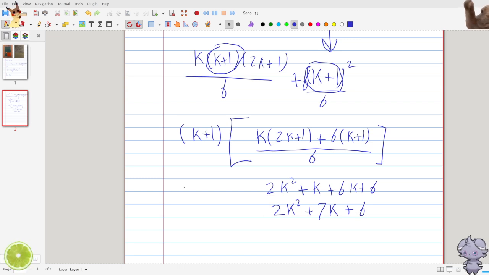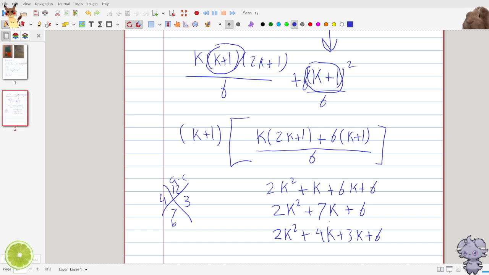So we will do this. A multiplied by c is 12 and b is 7. So we need two numbers that add to 7 and multiply to 12, which we clearly see are 3 and 4. We will write it as 2k squared plus 4k plus 3k plus 6, and we will group this term and this term. This is like factorization.